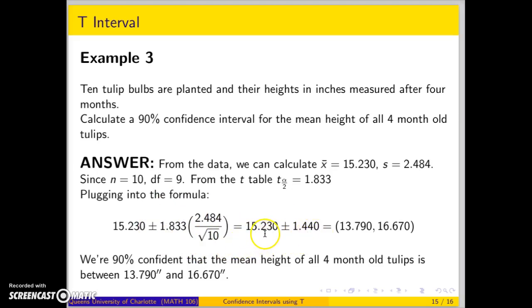So then 15.230 minus 1.440 gives us the lower limit. And if we do 15.230 plus 1.440, we get 16.670 as the upper limit. So that means we're 90% confident that the mean height of all 4-month-old tulips is between 13.790 inches and 16.670 inches.